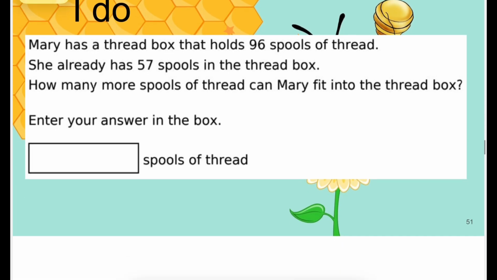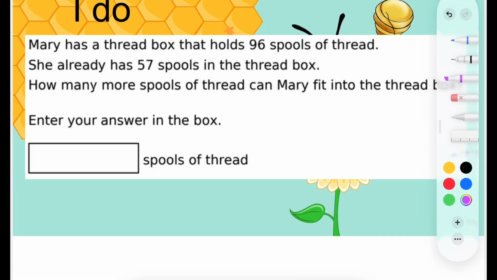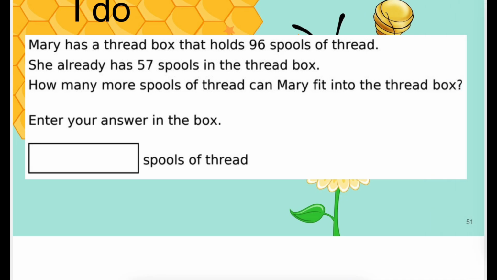All right, now this is a lesson based off our complete lesson today. Mary has a thread box that holds 96 spools of thread. She already has 57 spools in her thread box. How many more spools of thread can Mary fit in her thread box?